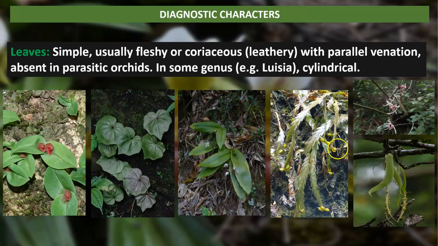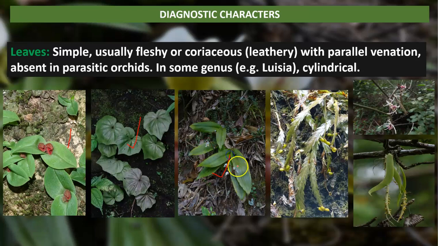Now leaves are usually simple, fleshy and coriaceous with parallel venation, and absent in parasitic orchids. In some genera like Luisia, it is cylindrical. You see the variety of leaves, the shape and texture of the leaves, and the venation.